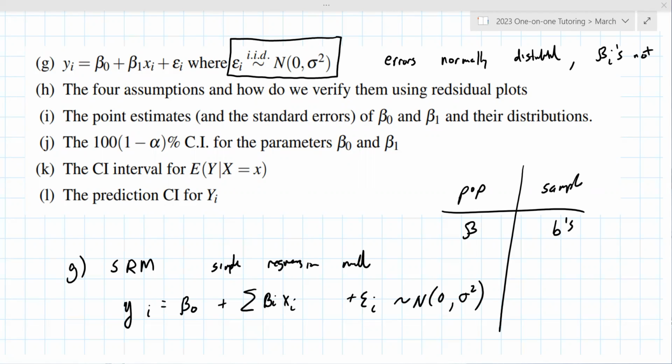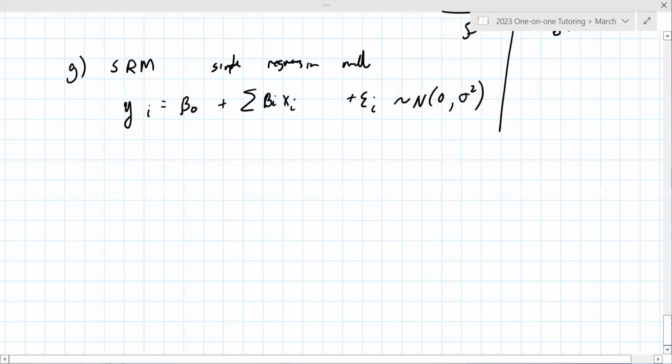So depending on the course, there's normality, independence, and then this homoscedasticity that may or may not be something you guys are using. The first three remain the same for both simple linear and multiple linear.